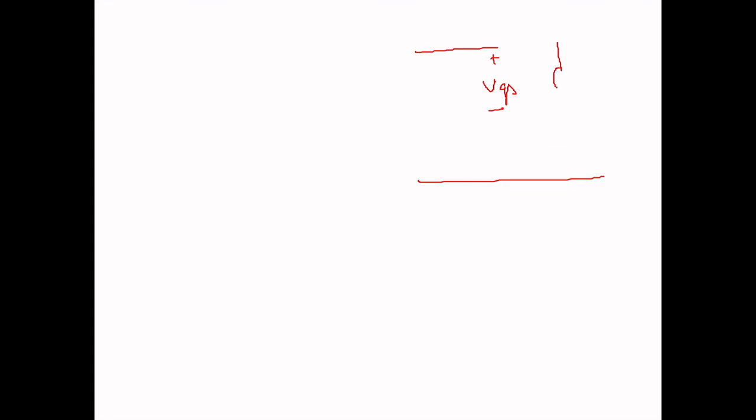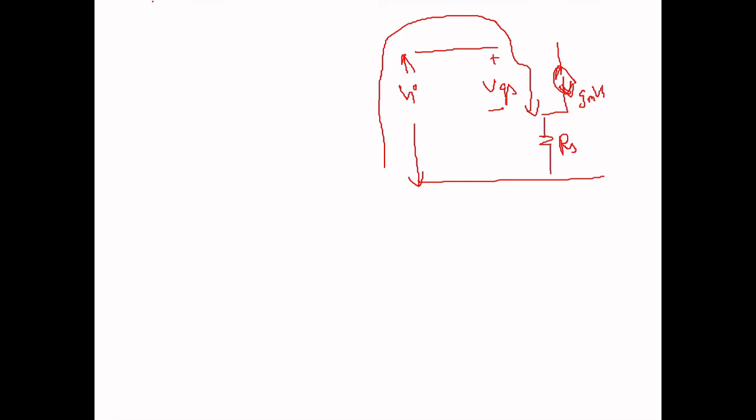Here you have VGS, a current source gm VGS, and below you have RS. Here you have a VA. When you apply the KVL in this loop, you have minus to plus, plus to minus, and plus to minus. This current source here is ID equals gm VGS. So what you get? VI equals VGS plus gm VGS RS.